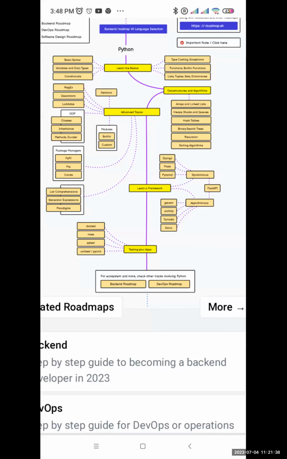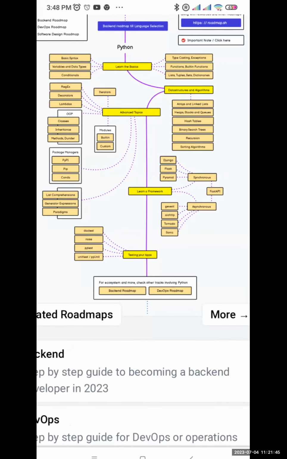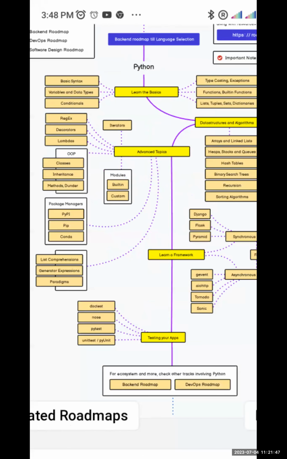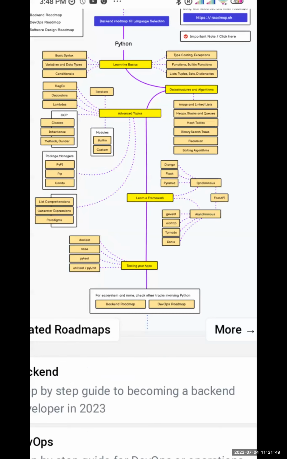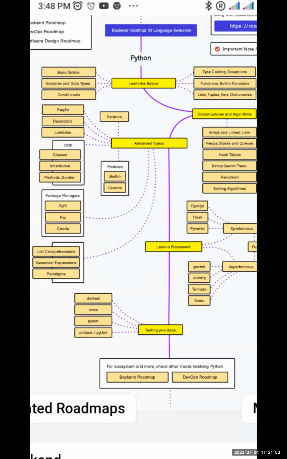Here, sir, I got this roadmap for Python. Oh my god, what is this? This is something. Okay, for Python they have made a mind map. Do you know what a mind map is, guys? Please search, okay, what is a mind map? Is it like a flowchart?